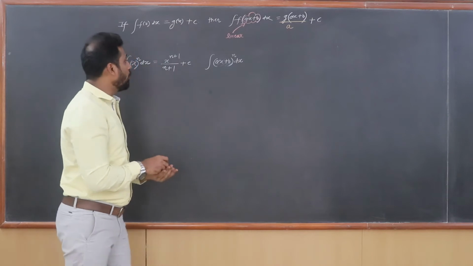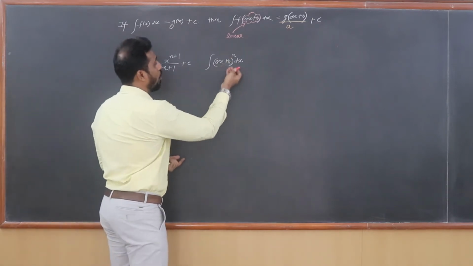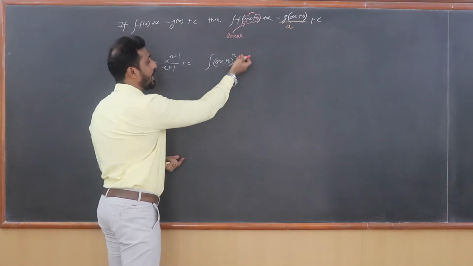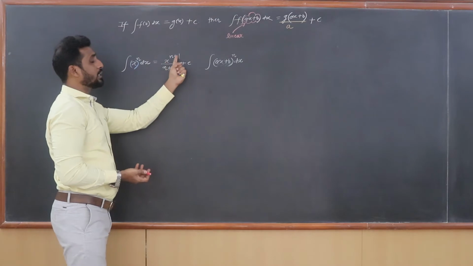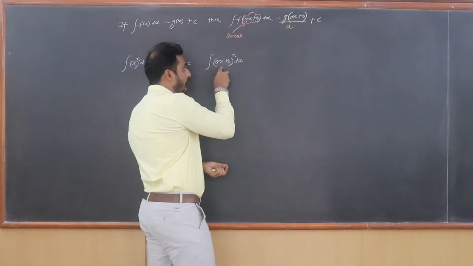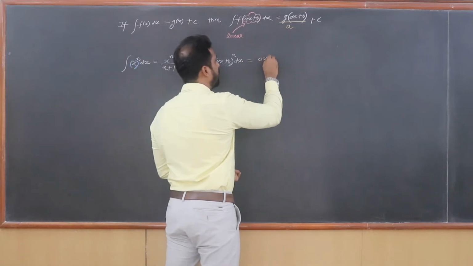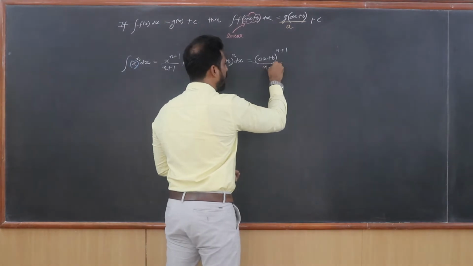So the answer is going to be exactly same as x raised to n. In place of x, you can call it a capital X. So capital X raised to n will give you answer capital X raised to n plus 1 upon n plus 1. So in place of capital X, what do you have here? You have ax plus b raised to n plus 1 upon n plus 1.